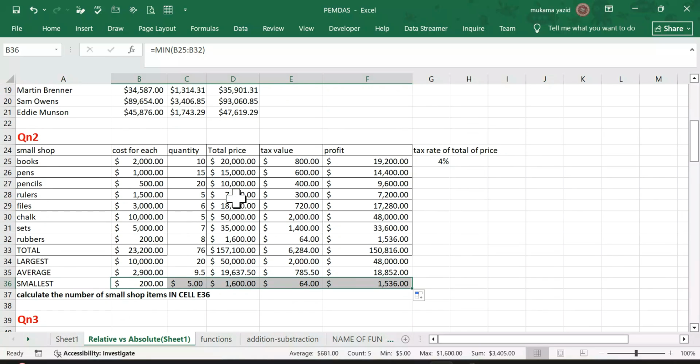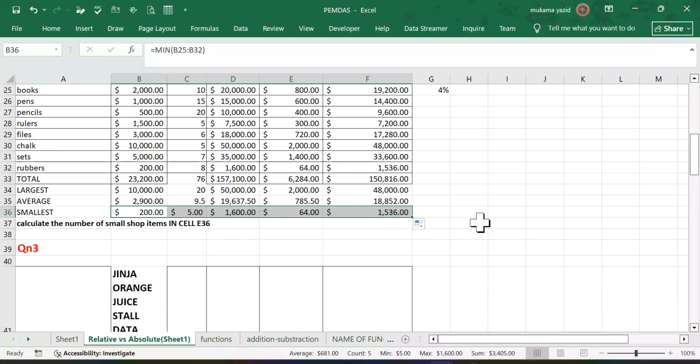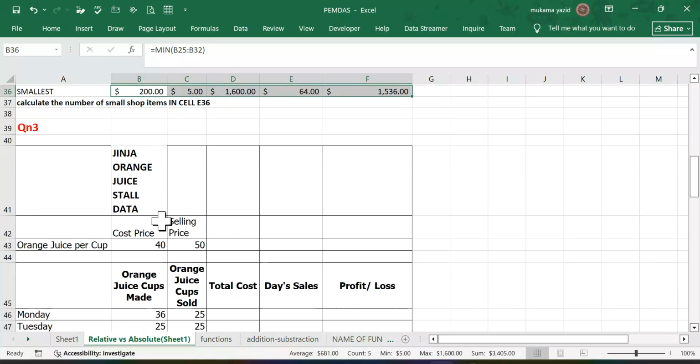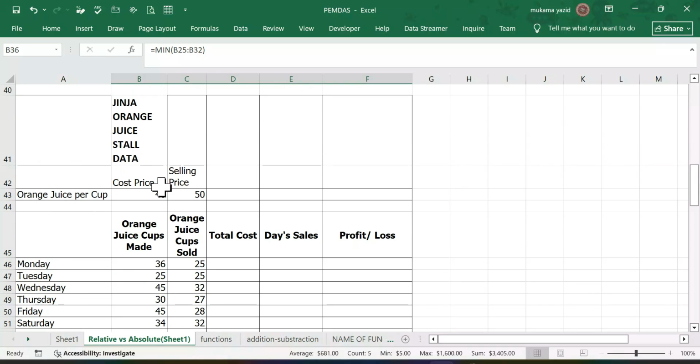Then another question, question 3. We have a small business here dealing with oranges. This data is about an orange store, a small business. For instance, you have your business for making this, and they give us oranges cup per cup.